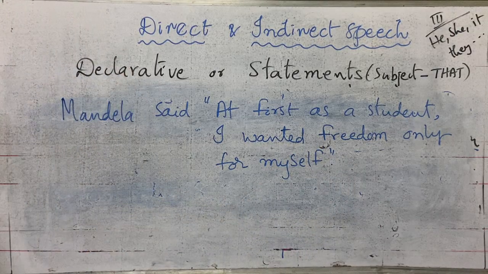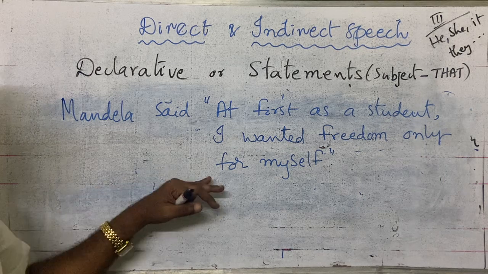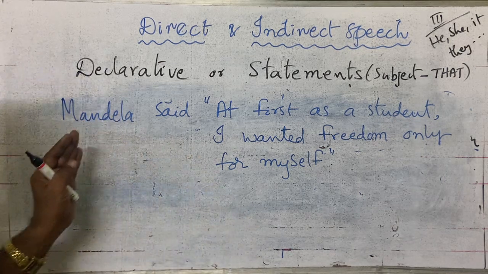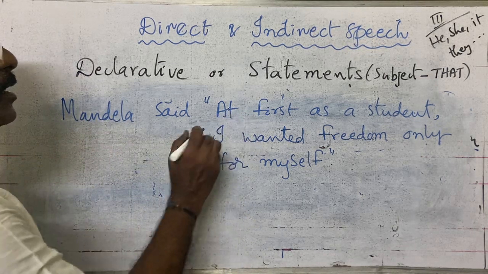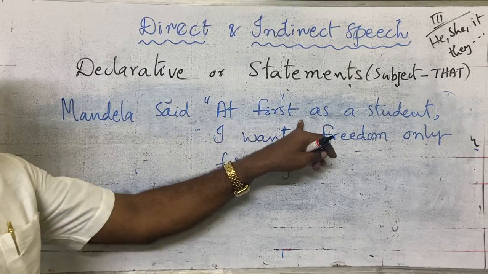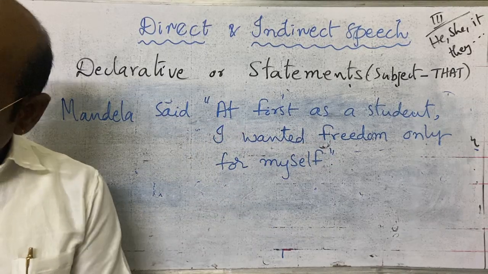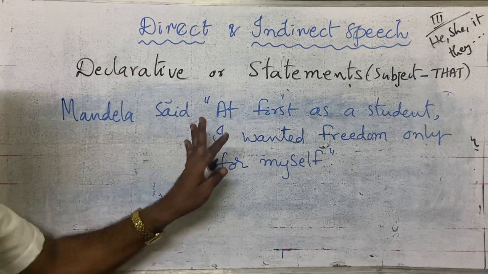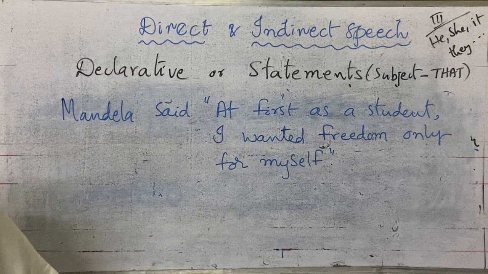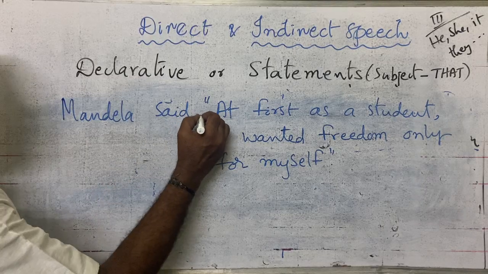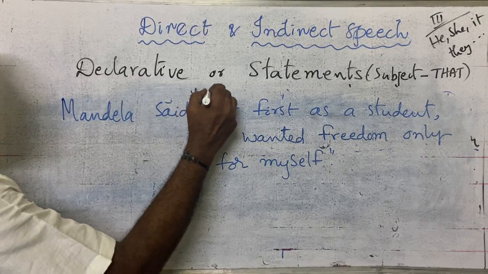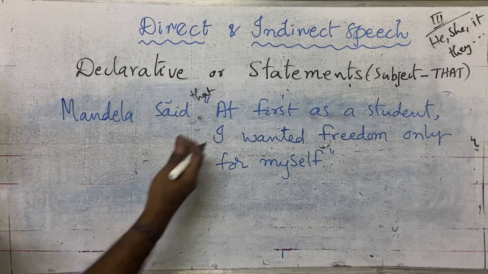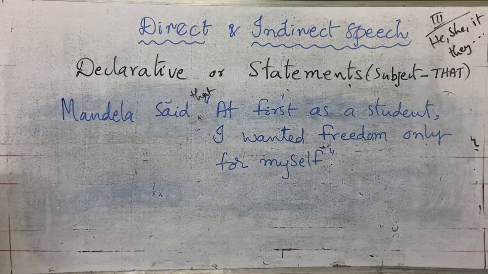Here it is a little bit different, and this is from the textbook, so that's why we have to verify. This is also a statement, but it starts with a preposition. You can treat this just like a statement itself. So Mandela said, here the conjunction that comes. It is coming as it is: at first as a student. Mandela said that at first as a student.